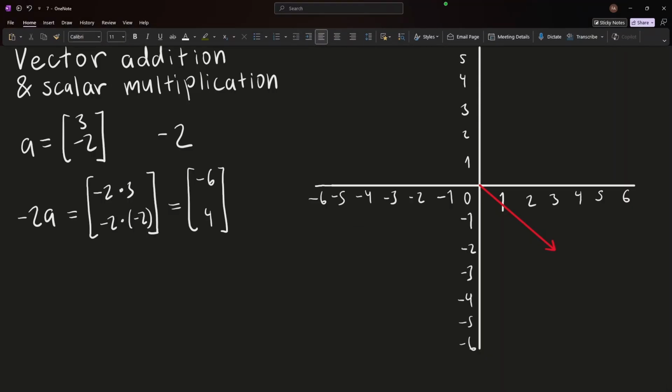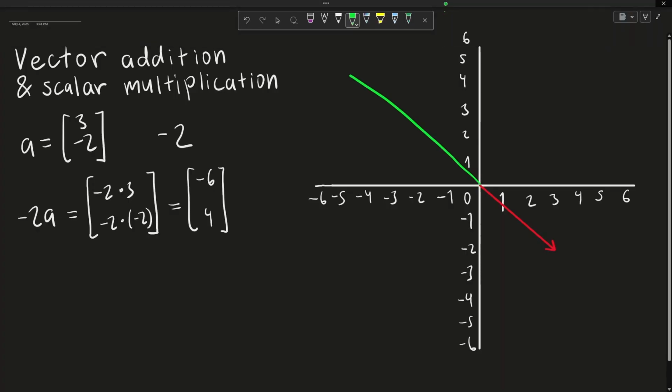So what we have is -6 in the x and 4 in the y. And so as you can see, this new vector points in the exact opposite direction as the original, and it's 2 times as big. Say we multiplied it by -1, it would just point in the opposite direction.